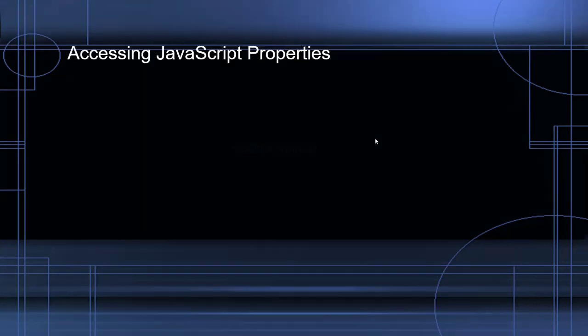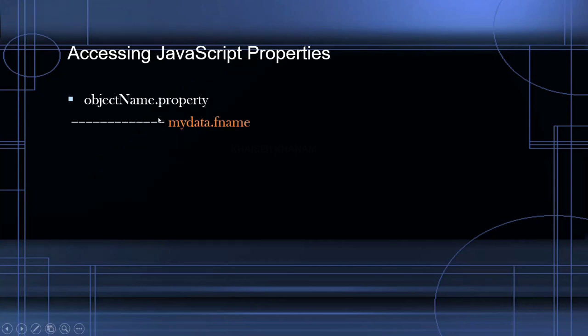Now how do we access properties in JavaScript? We can access them using the dot operator: whatever object we have created, object name dot property name. This is a simple example. Suppose myData is the object and fname is the property. I can access the fname property value using myData.fname.